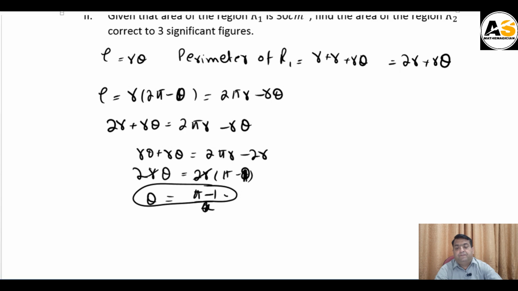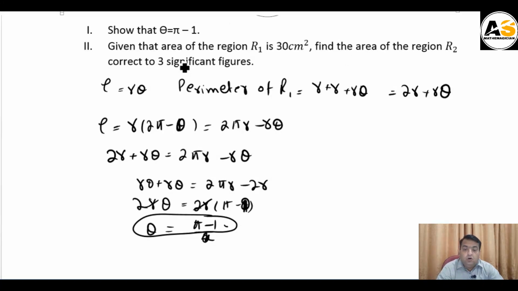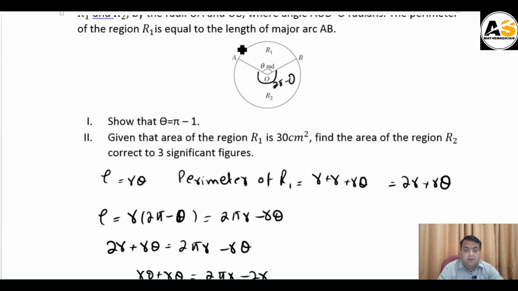This was part 1. In part 2, we are given that area of region R1 is 30 centimeter square. We have to find the area of R2. What is area of R1? Area is equal to 1 by 2 R square theta, which is 30 centimeter square. It means R square theta is equal to 60 centimeter square.